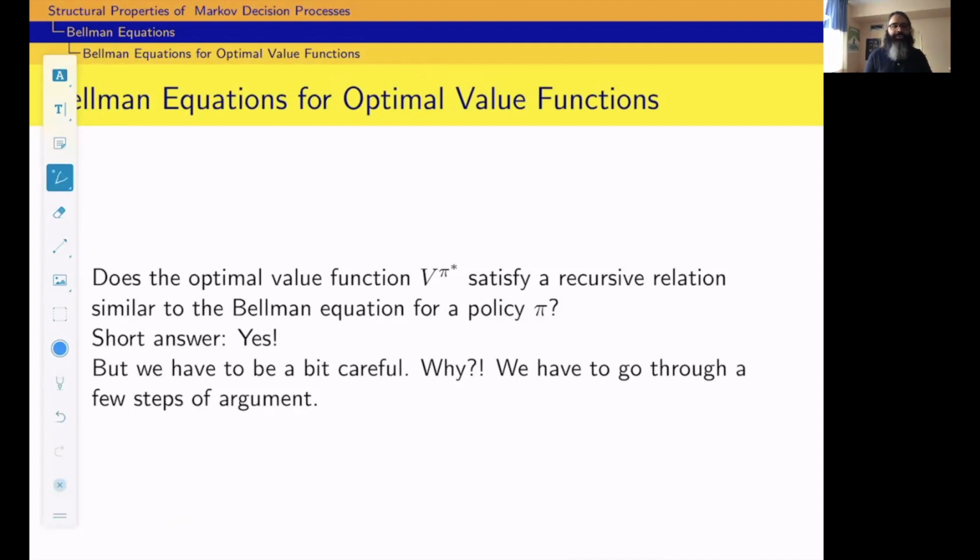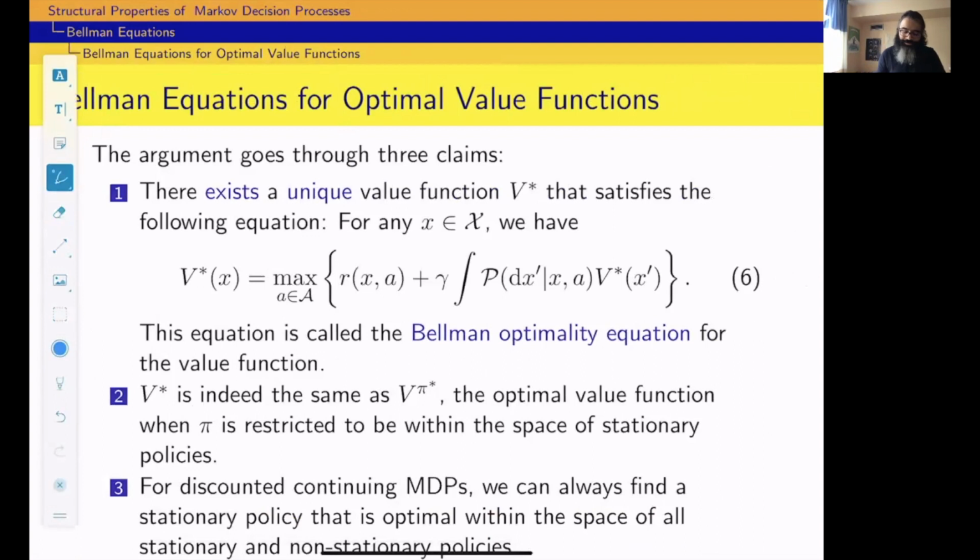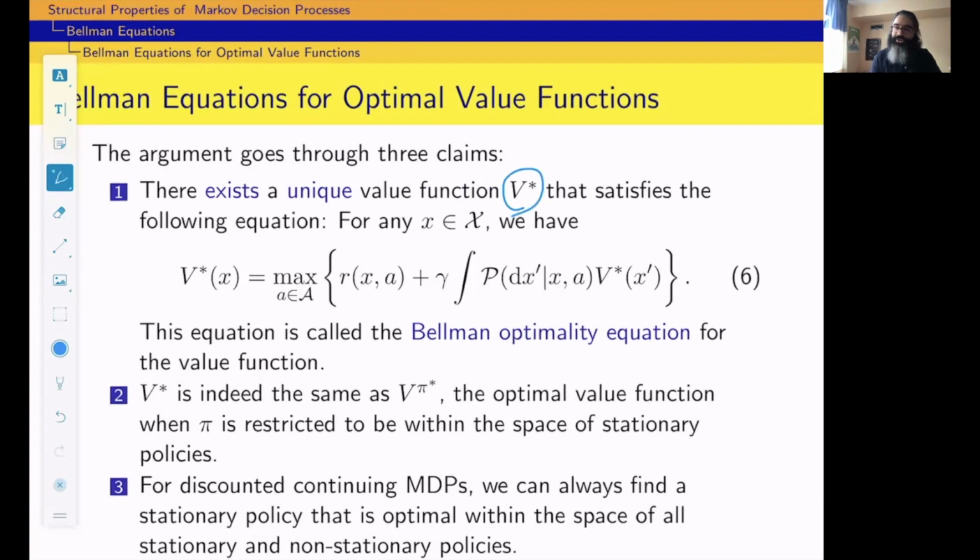But because this course is going to be a bit more mathematical than an introductory course, we go through at least some of the steps. So what is the argument? The argument is that there exists a unique value function, V star, that satisfies the following equation.